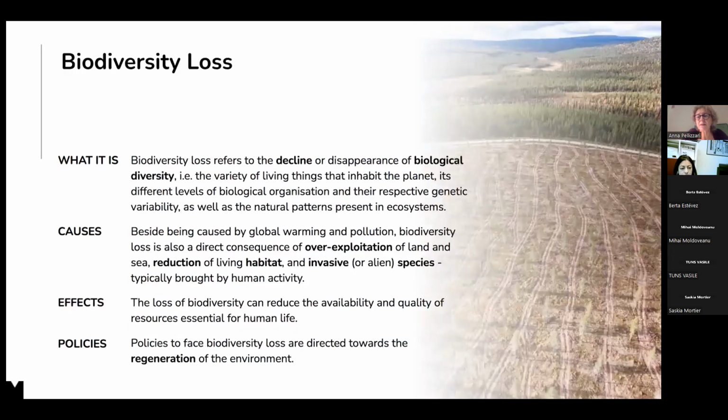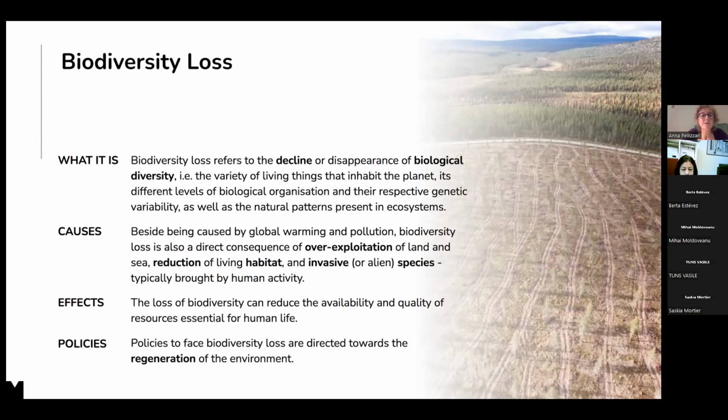Biodiversity loss is a sort of consequence, and it is also a perspective of the previous problems. So biodiversity loss refers to the decline or even disappearance of biological diversity, which is the variety of living things that inhabit the planet, its different levels of biological organization and their respective genetic variability.